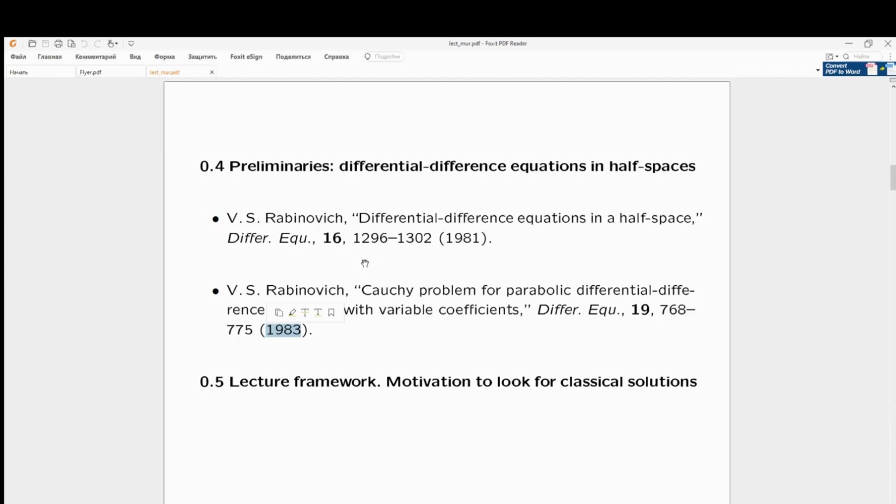What is the reason to be interested in looking for classical solutions? The reason is that, as we know from the classical theory of parabolic equations, I mean differential parabolic equations, there is a very interesting phenomenon specific especially for parabolic equations. This I mean stabilization.